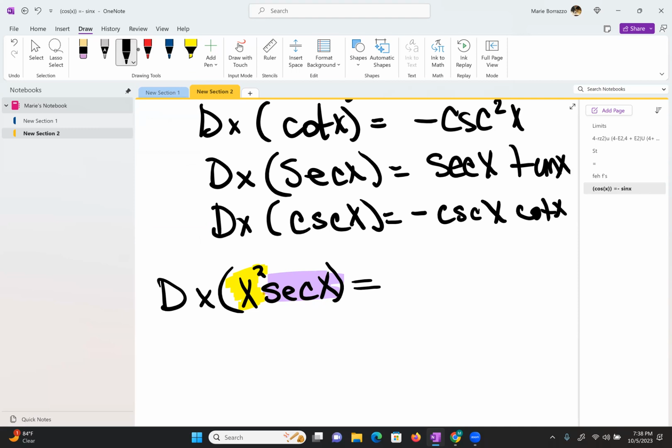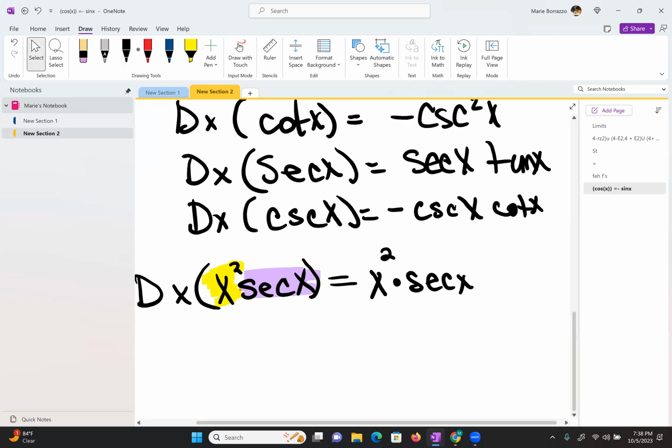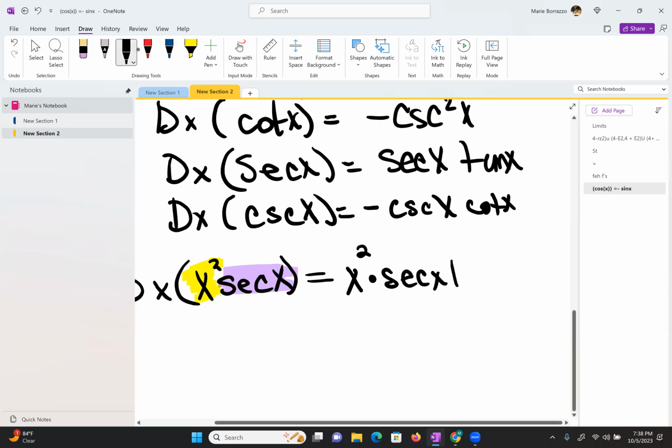If I use the product rule in one fell swoop, I'm going to set it up with x squared times the derivative of secant x, which is secant x tan x. Okay, so that's the first part.